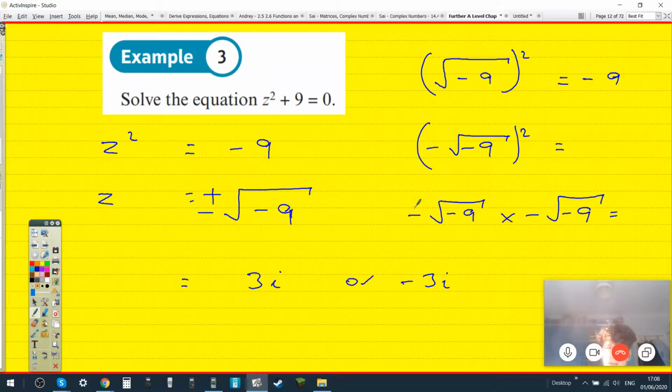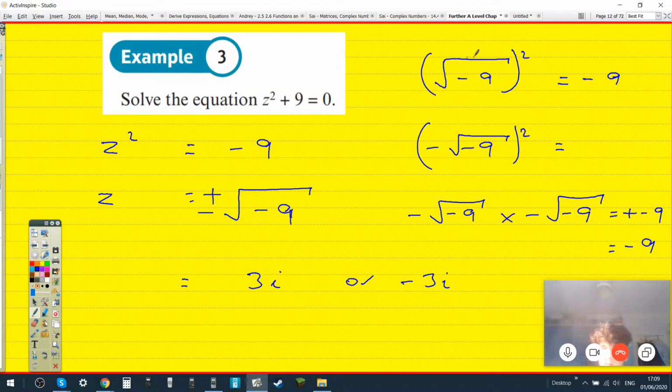So minus 3i times minus 3i. Minus times minus? Plus. Root times root? Cancel out. And so what are you left with? Minus 9. And what is plus minus the same as? Minus. And so these two are the same.